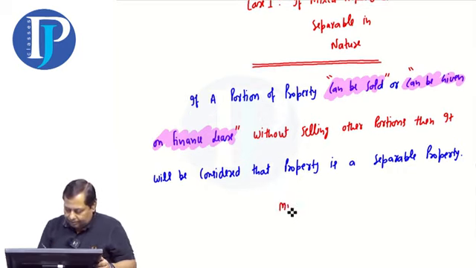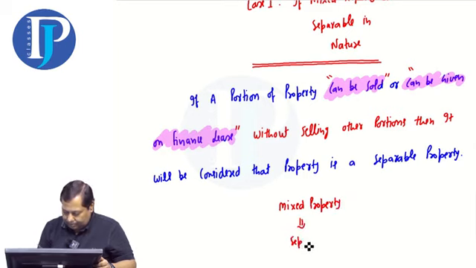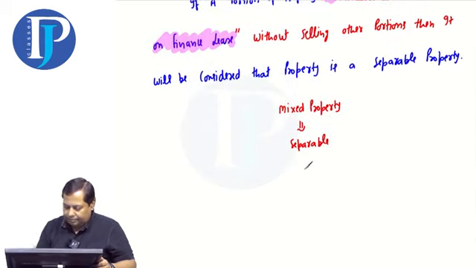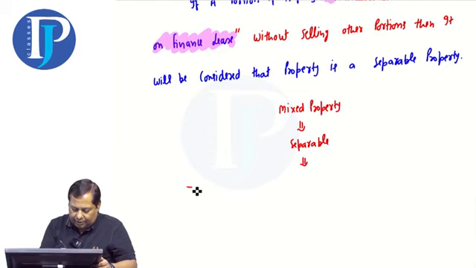What happened in this? Mixed property, separable. So this can be in two parts.